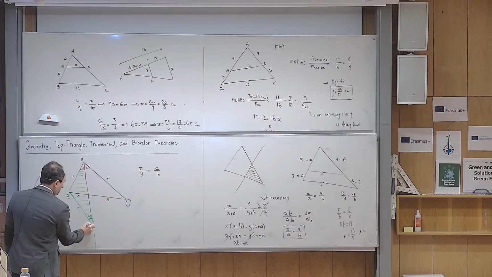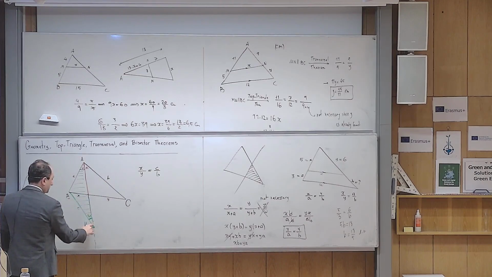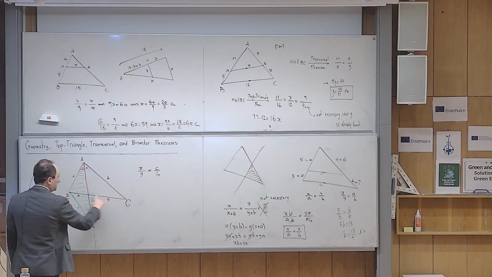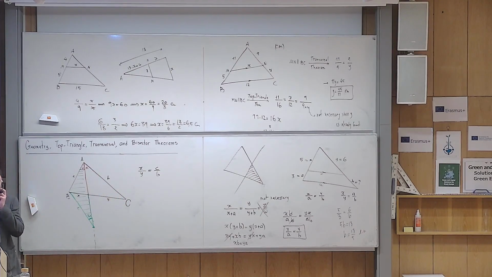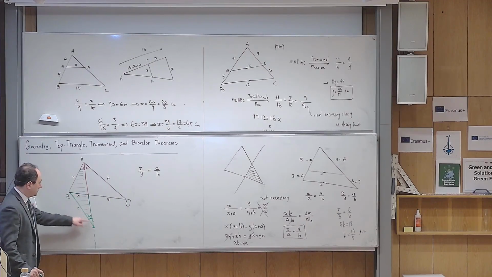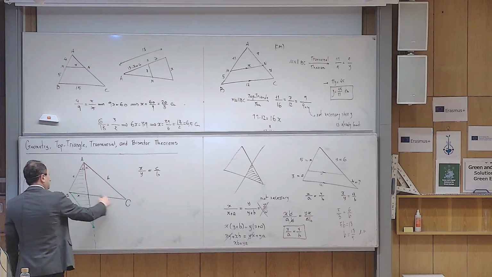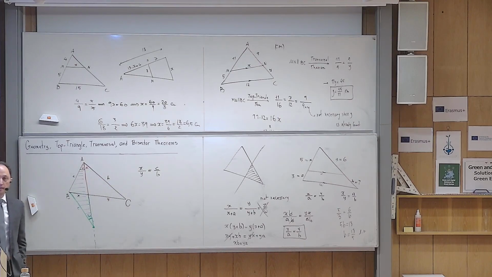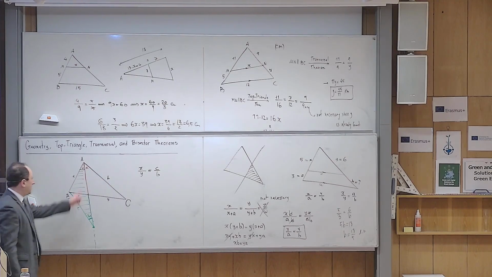Okay. But now concentrate on this triangle only. Tell me why this triangle is similar to this triangle. Why are they similar? No, this is a smaller triangle. Yes. And this one. Alpha, alpha.